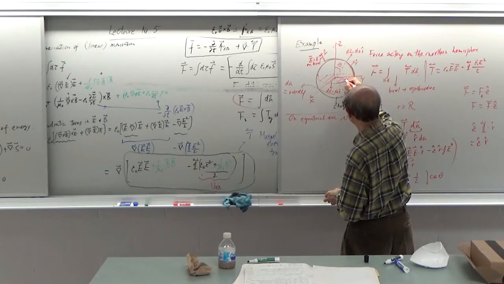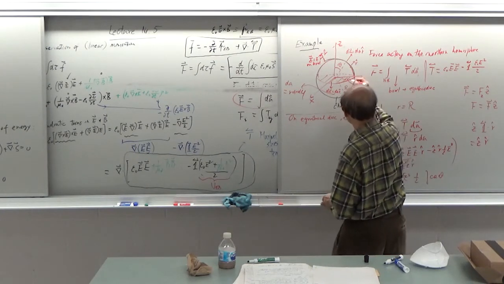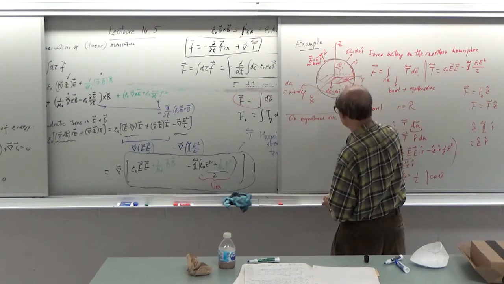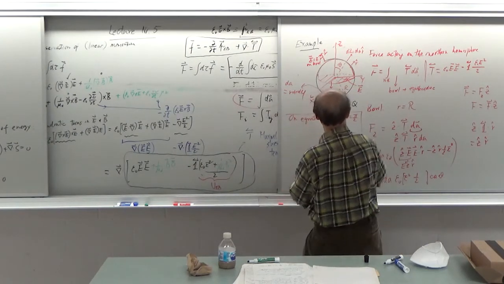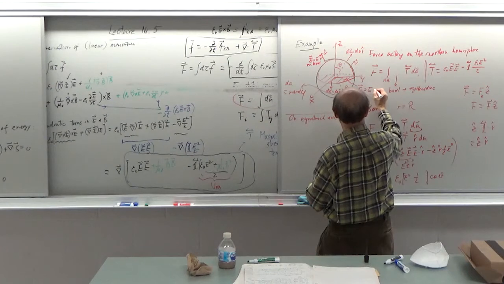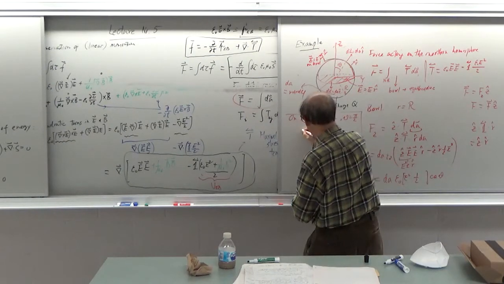So on the equatorial plane, this is R hat.